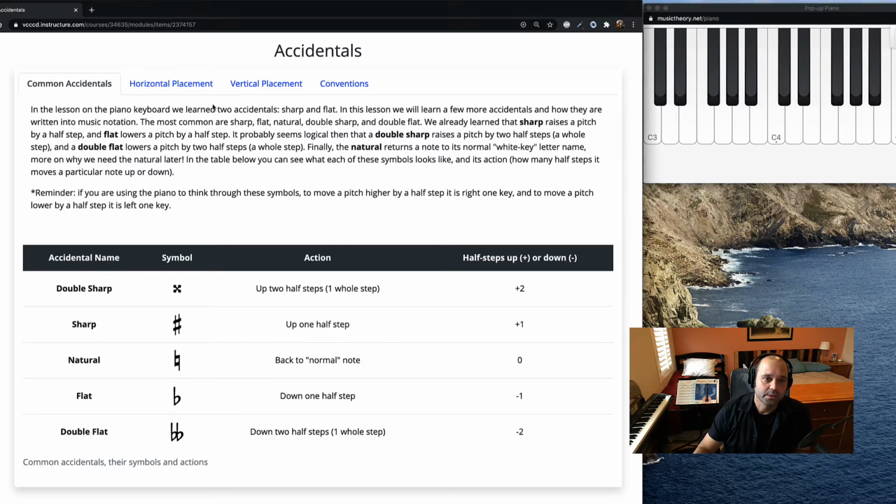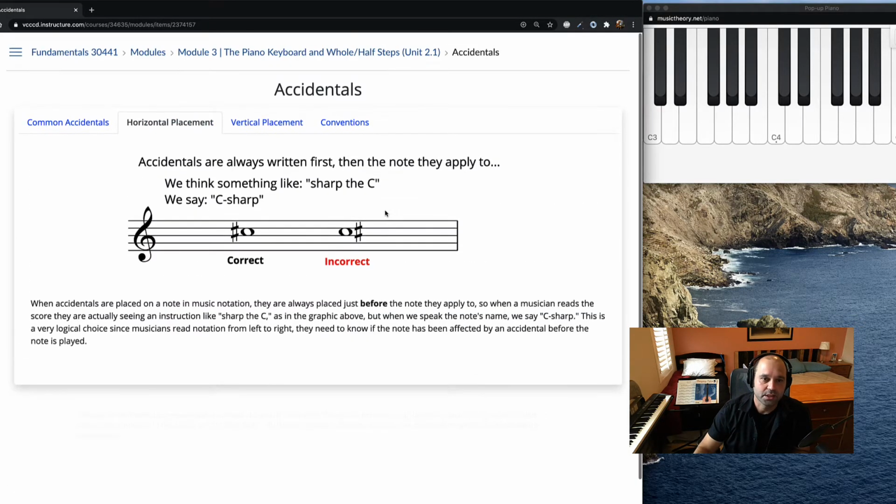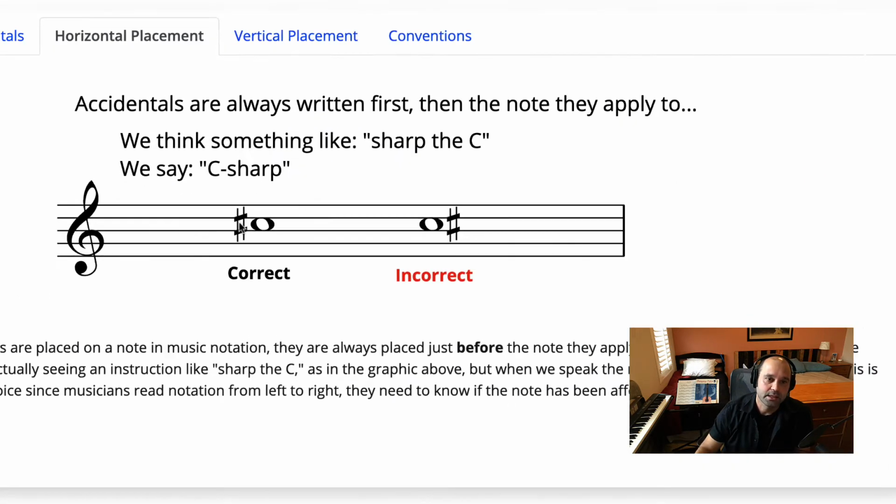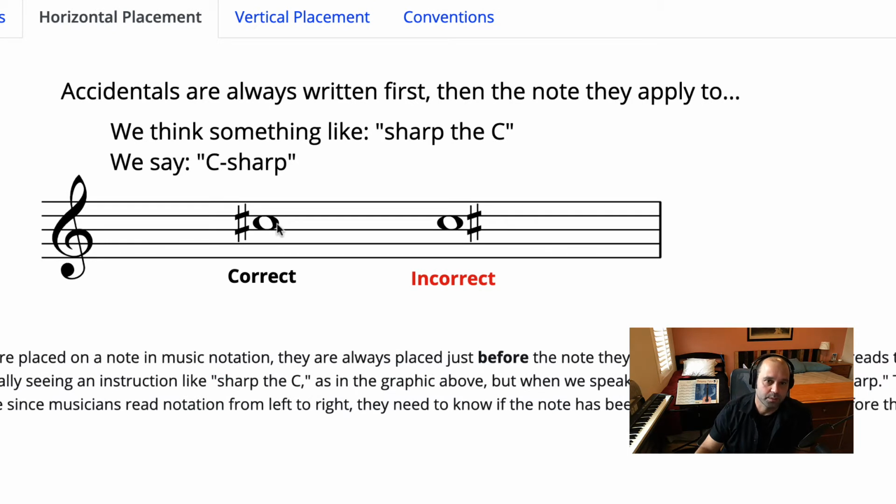Now, when it comes to actually writing them into notation, it's really important that we stick to a couple of conventions. So if you're doing this in a music notation program, you don't have to worry about it. It's always going to do it correctly. But when we're handwriting, we need to remember that the sharp or any other accidental needs to come before the note that it's being applied to.